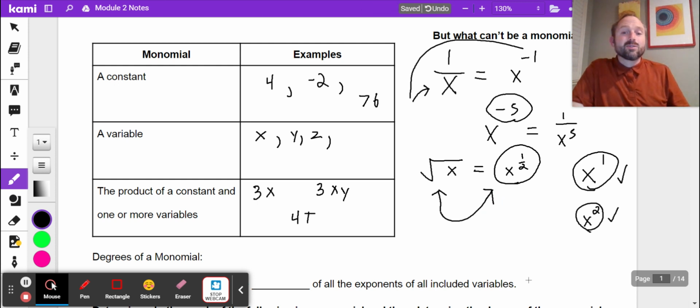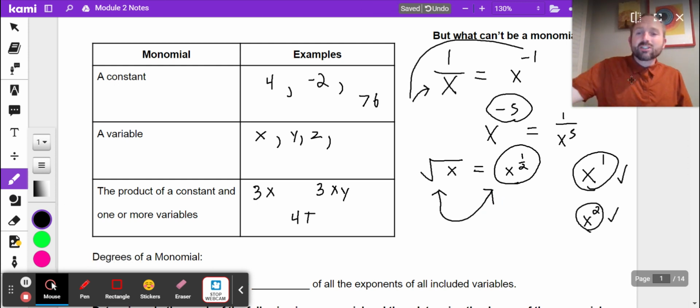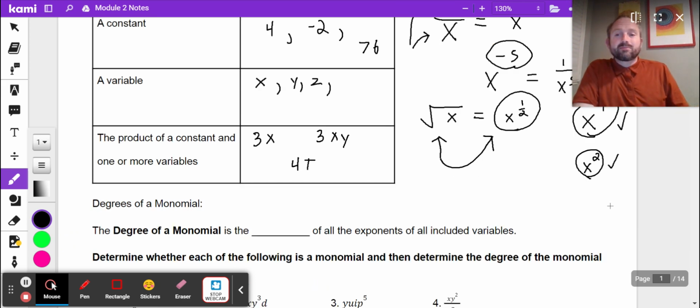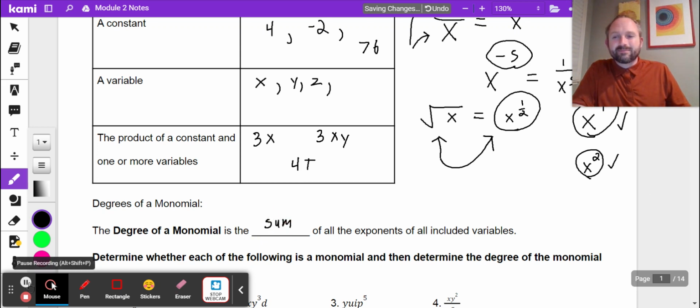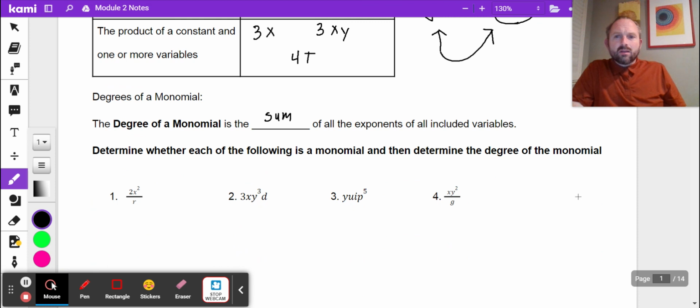All right, guys, let's go on. So we're going to talk about degrees of a monomial. The degree of a monomial is the sum of all the exponents of all included variables. So add them up. Let's go on. Determine whether each of the following is a monomial, and then determine the degree of the monomial.